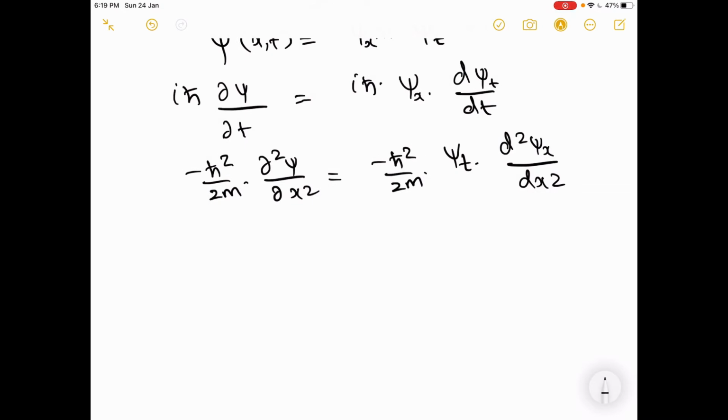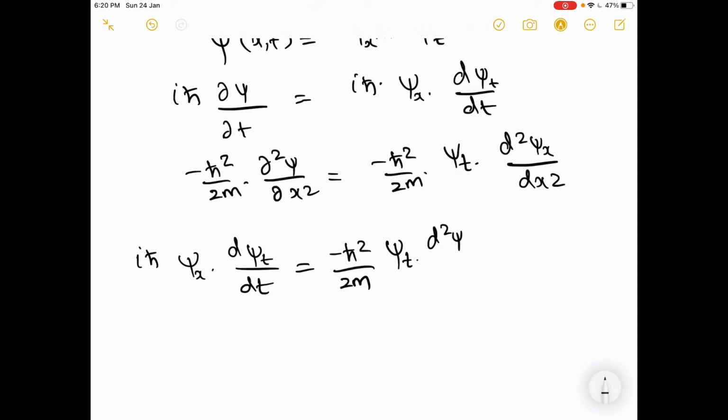Now I h bar psi x d psi t by dt will be minus h bar square by 2m psi t d square psi x by dx square plus V of x psi, so this is psi x psi t, right?